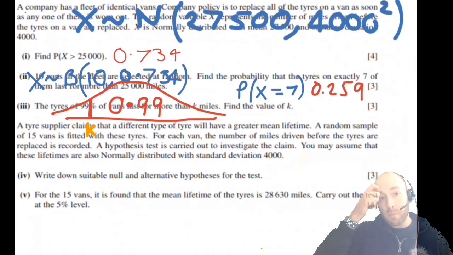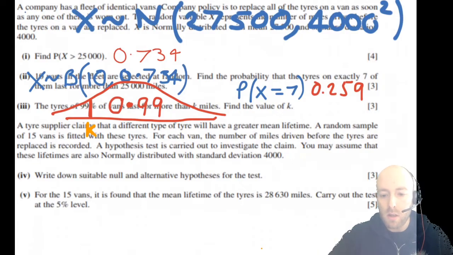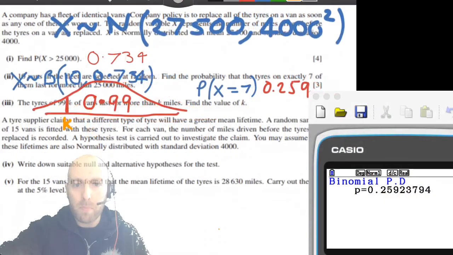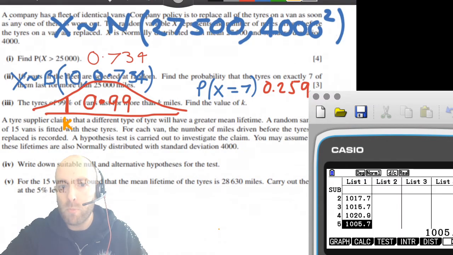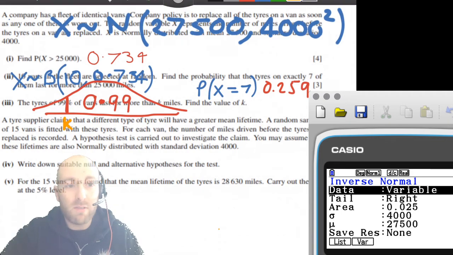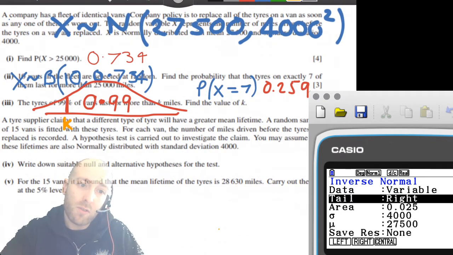Because we know the probability, it's going to be an inverse function. So back to the calculator. We've got distribution, normal distribution, and inverse. So inverse normal. Tail, you could do it either way: you could do right 0.99, left 0.01. Because it's on the right, let's keep it there.